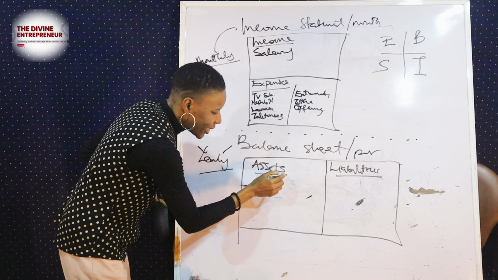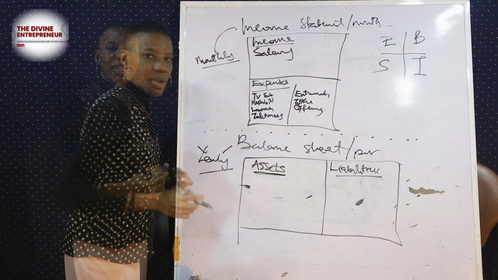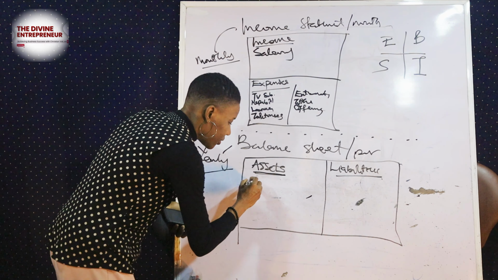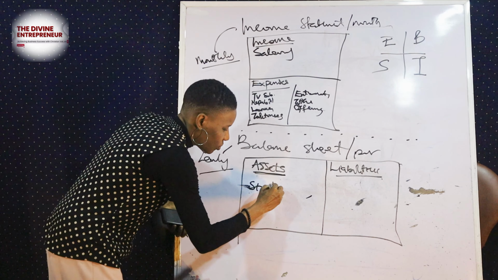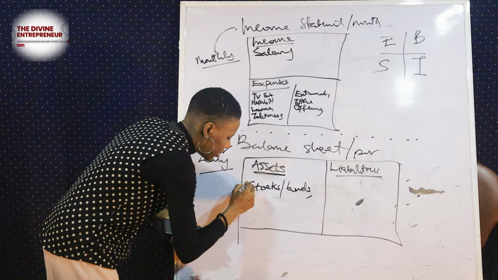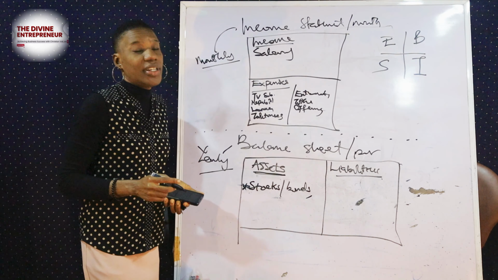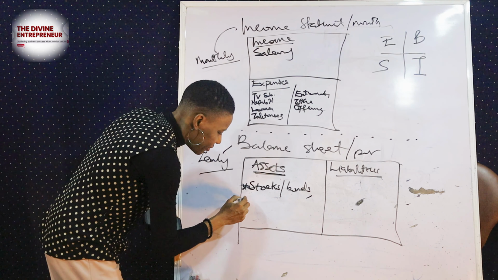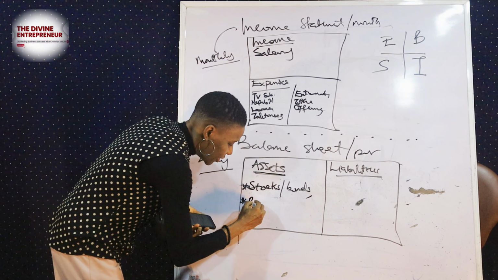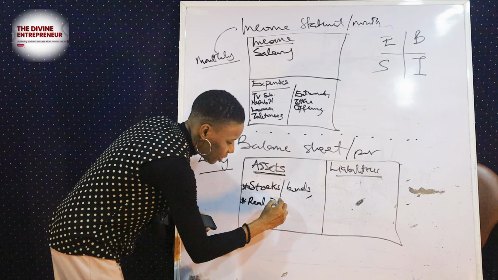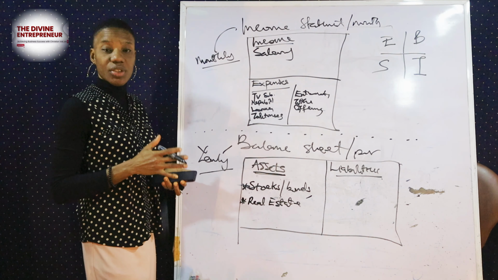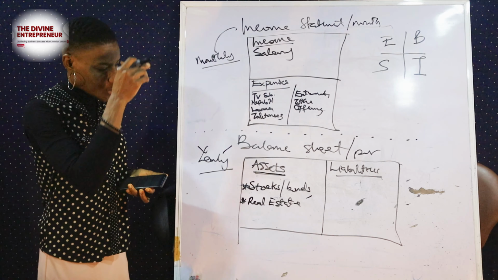And then your assets. Now under assets, we have things like stocks or bonds, something like that. And then of course we have property, if you have a property. Do you understand? Like real estate. Yeah, we'll just keep it this simple for now, then we'll go into details much later as we move on.